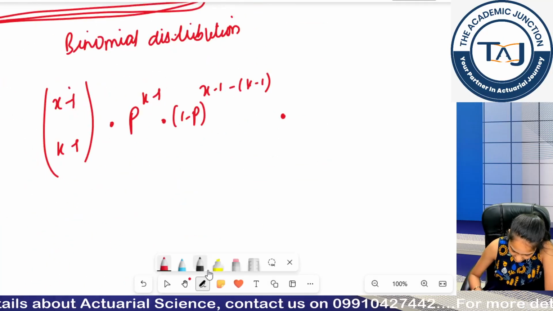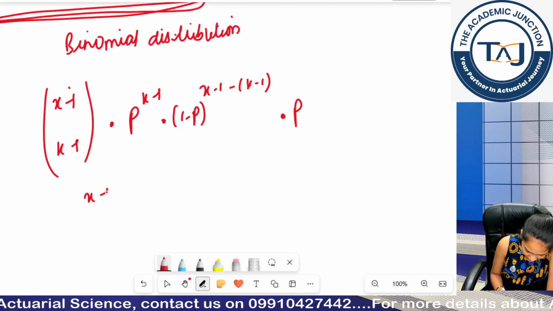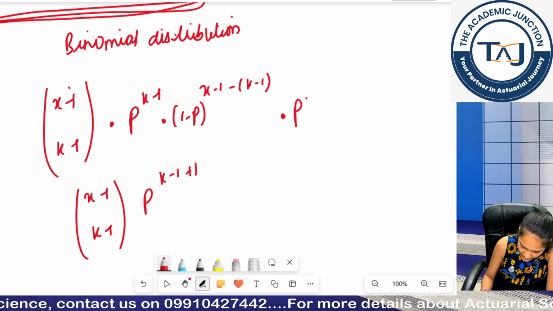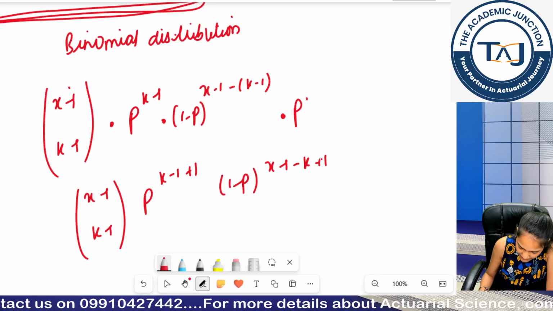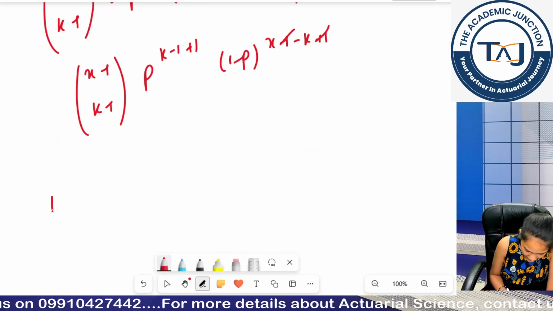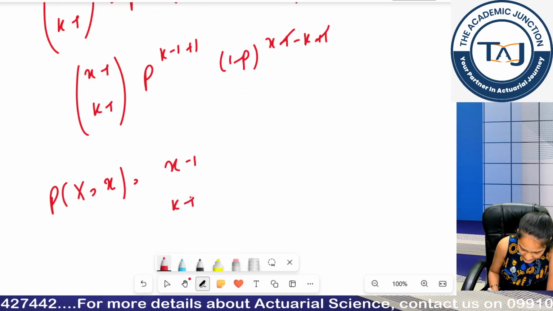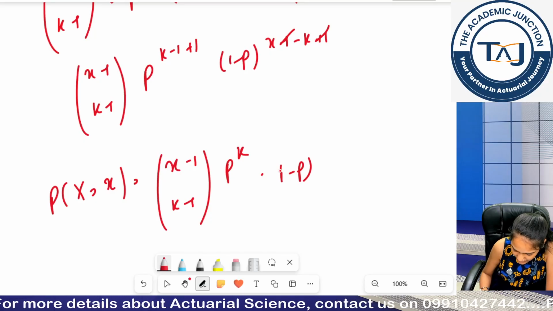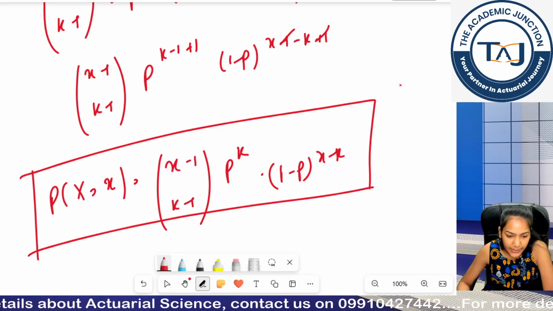So I will multiply an additional probability of success. So my final formula will basically become p to the power k minus 1 plus 1, and 1 minus p to the power X minus 1 minus k plus 1. So my final probability distribution for my negative binomial becomes X minus 1 C k minus 1, p raised to the power k and 1 minus p raised to the power X minus k.